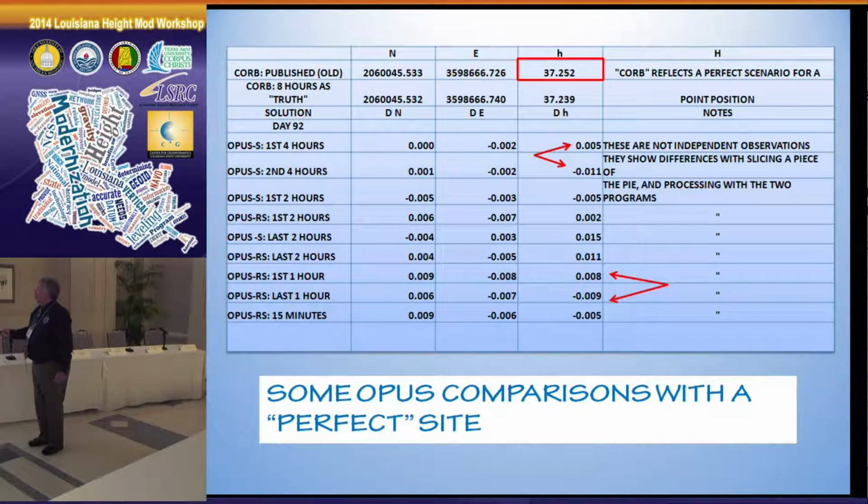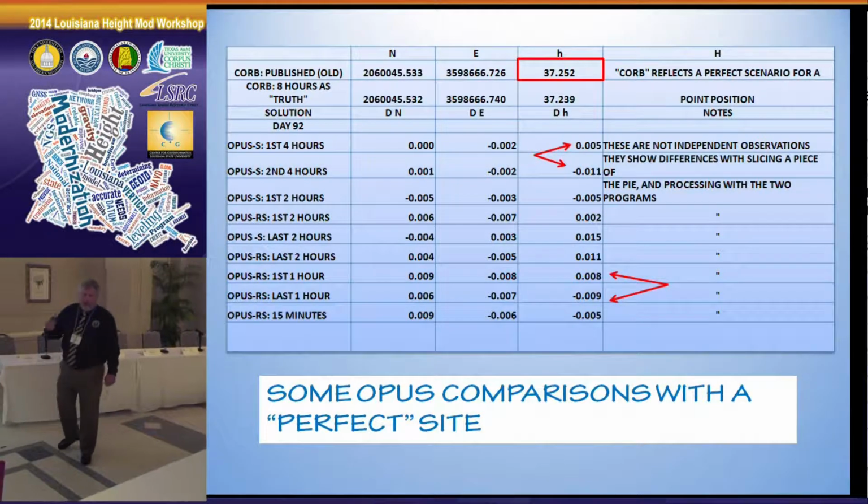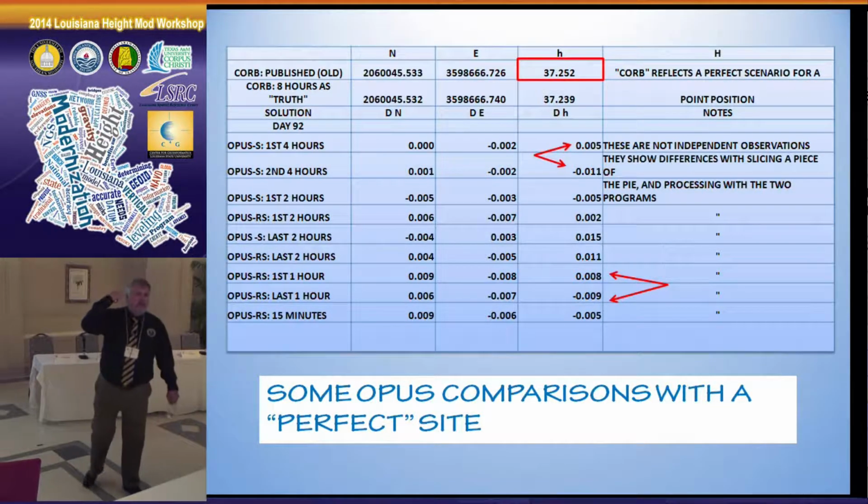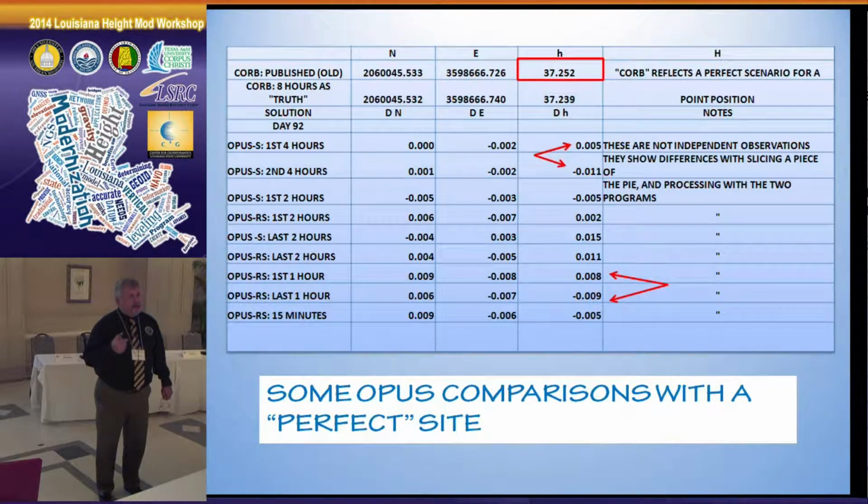Now, also, one more point. This data is from a CORS station, because it's easy to get the data, right? You get it anytime. That's a perfect scenario. There's usually no multipath to speak of, at least not bad multipath. You've got a completely open sky, right? You've got it somewhere that's supposedly halfway stable.